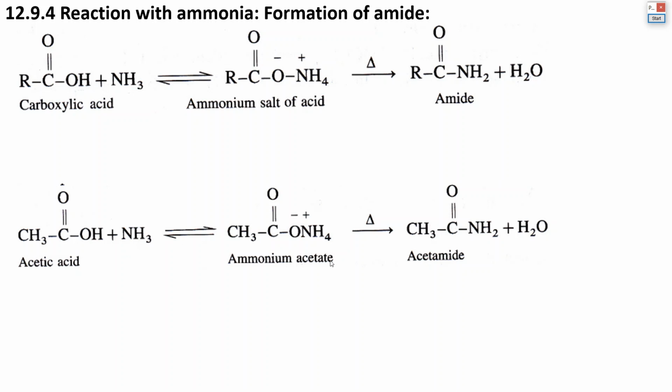So the explanation of this reaction is like this: when acetic acid reacts with ammonia, it will form the addition product ammonium acetate, which on heating gets converted into acetamide and water.